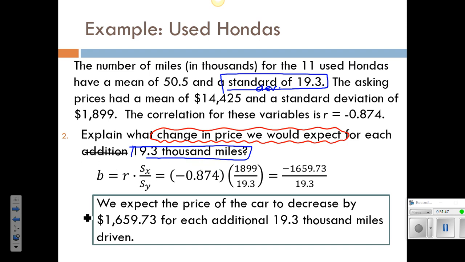That means we would expect the price of the car to decrease by that much money for each additional 19.3 thousand miles driven. The key there was to interpret that this 19.3 thousand miles connected to this standard deviation, which is s sub x. So multiplying the correlation times that numerator of s sub y would give you that.